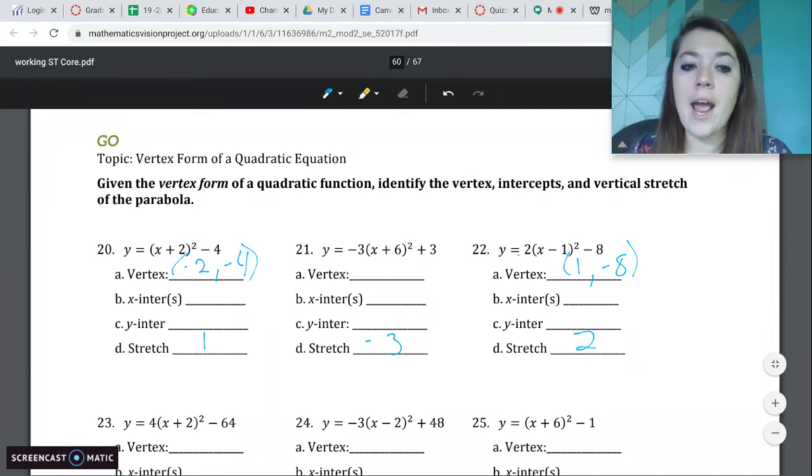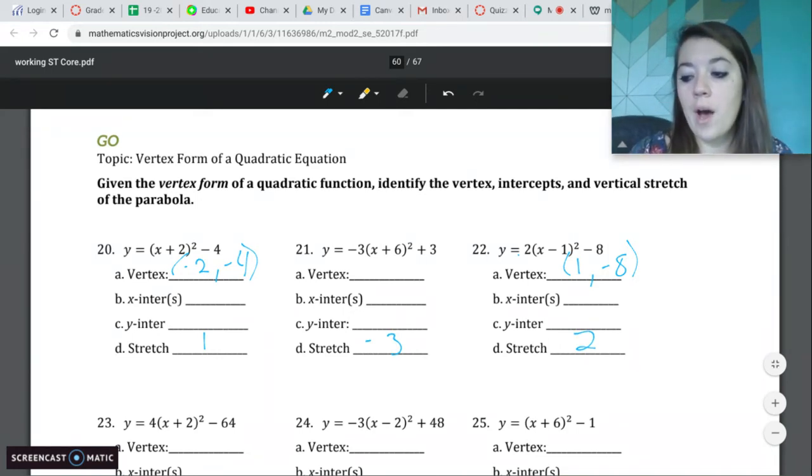Now, finding our x-intercepts and y-intercept. To find our x-intercepts, we need to set this equal to 0. So y equals 0, and we need to have it factored out.